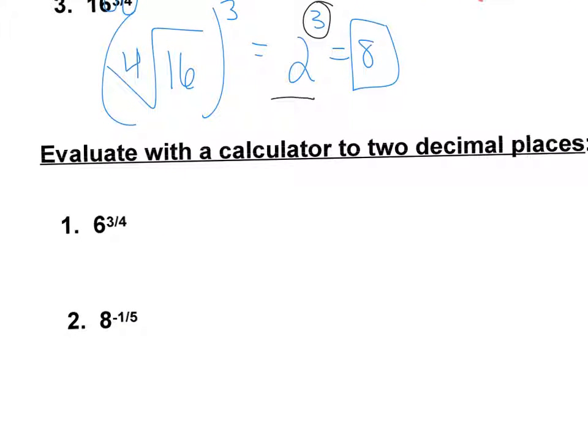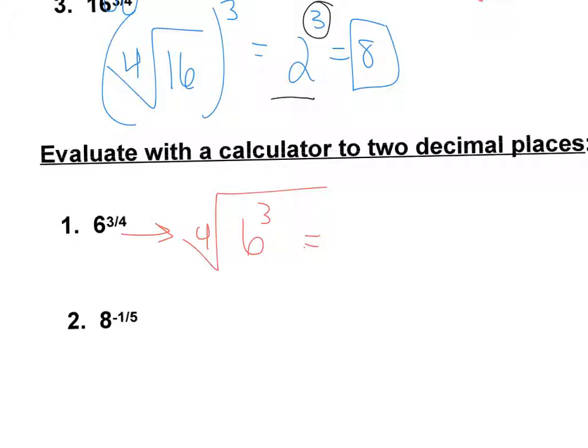The last 2, you can actually just put those in your calculator as is, or you can do what we did in class and use that idea of changing them over to radicals. In this case, you can actually use the power first. This is a scenario where I would do 6 to the 3rd before I took the 4th root. Again, you can put that whole thing right into your calculator as long as you use parentheses on the exponent part.